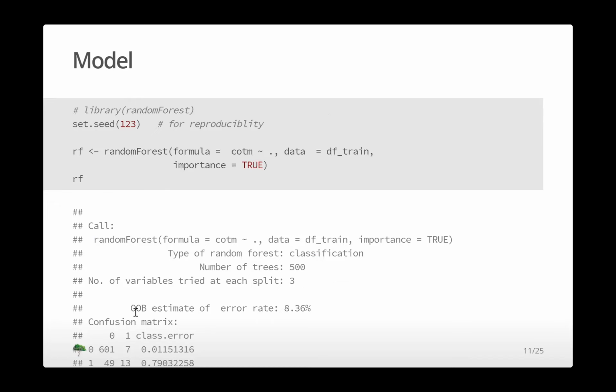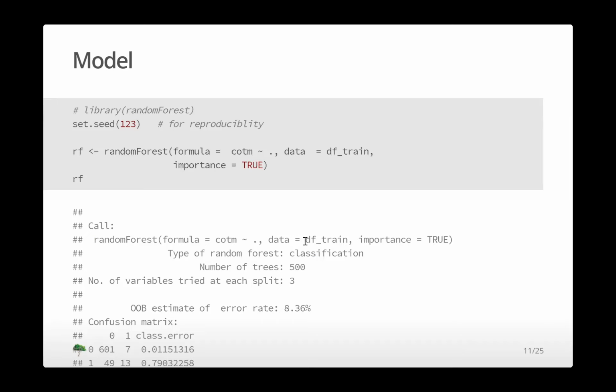What we see here is we get an out-of-bag estimate of error rate, and this out-of-bag concept really goes back to the samples that the trees were built on. Remember, when each tree is being built, it bootstraps a subsample from the training data and uses that to build a model and leaves some cases out.